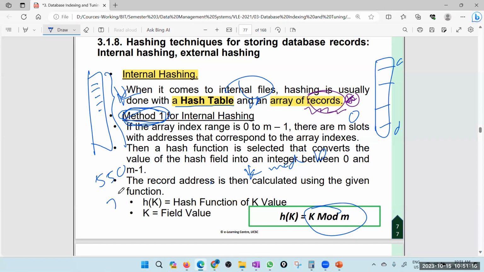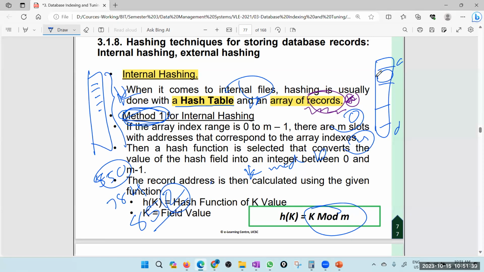If it is 784, mod 10 will give you 4, so that must be in the 4th block. This must be in the 0th block. If your record's hash field says, say, 852, mod 10 is 2, so that must be in the 2nd block.